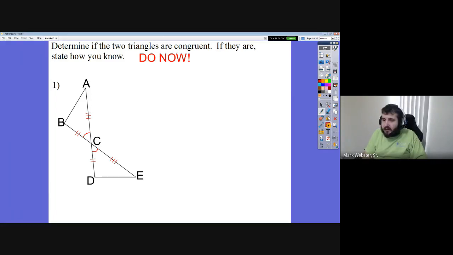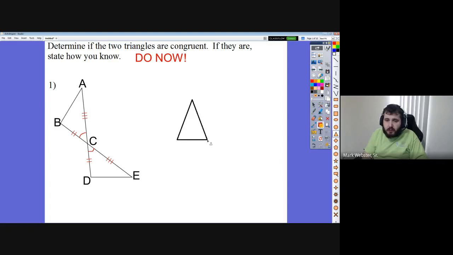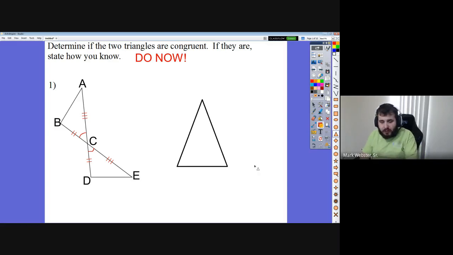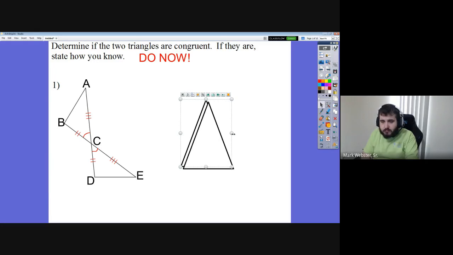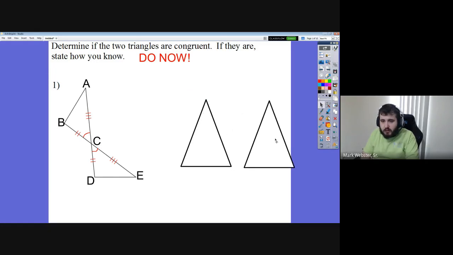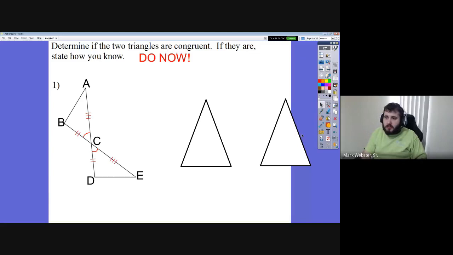Let's take a second to make some triangles so that we can figure out what we know. I see that I have a pair of angles and two pairs of sides. With the tools that we have now, we're only looking at side angle side.